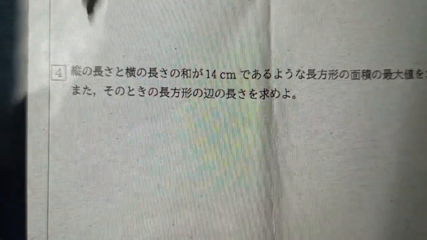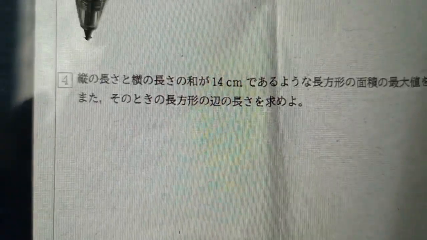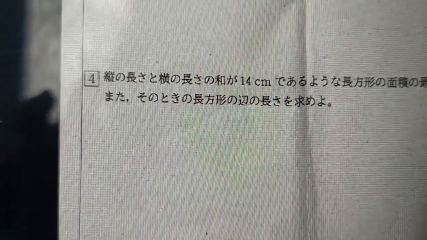Okay, Claire, for number 4. Tate no nagasa to yoko no nagasa no wa ga 14 centimeter. Wa means the sum. Tate means the standing one, the height. Yoko means the width.